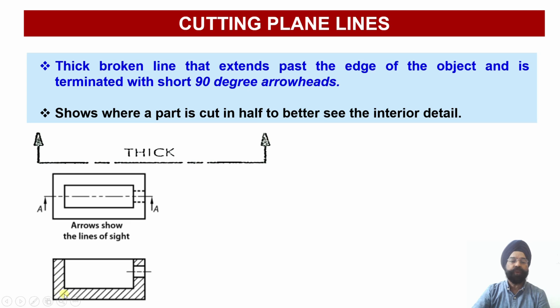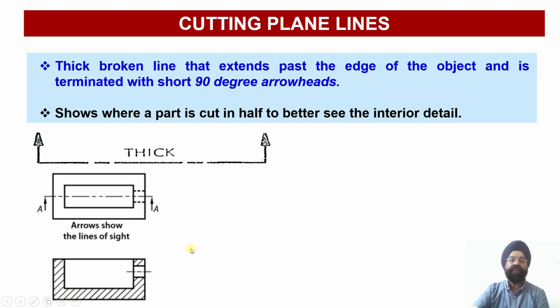This is the cut portion or the section portion, and it is shown with the help of hatching lines, which will be thin lines at an angle of 45 degrees with respect to the reference line, that is the XY reference line onto which this particular projection is made. These hatching lines will be thin and equi-spaced lines.